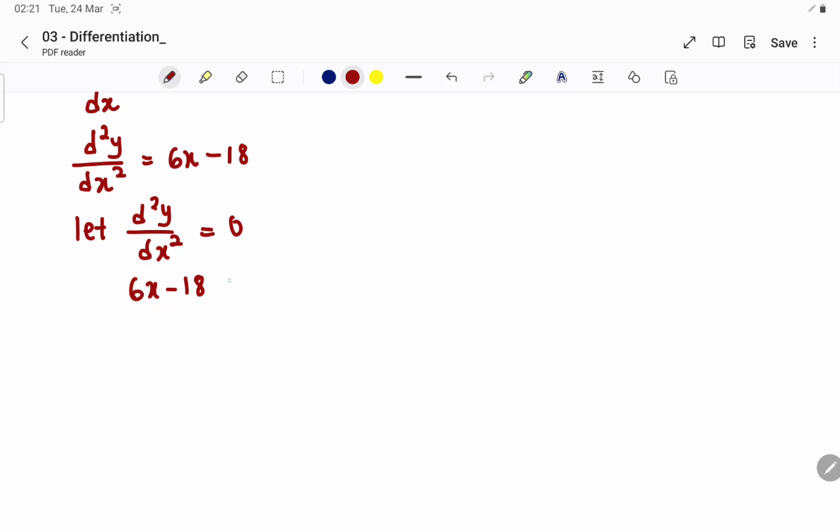So 6x minus 18 equal to 0. From this, find the value of x because we want to find the turning point right now. You move negative 18 to the right side, become 6x equal to 18. X is equal to 18 divided by 6, so the answer is 3. So your x right now is 3.